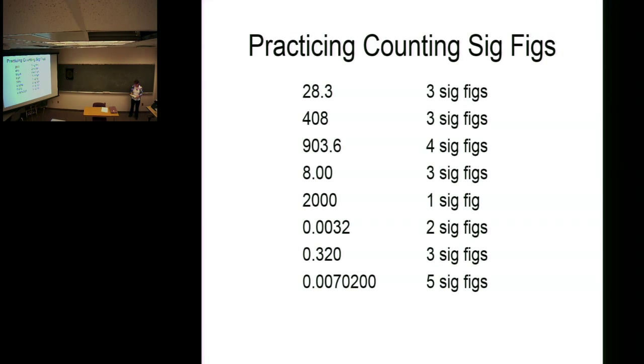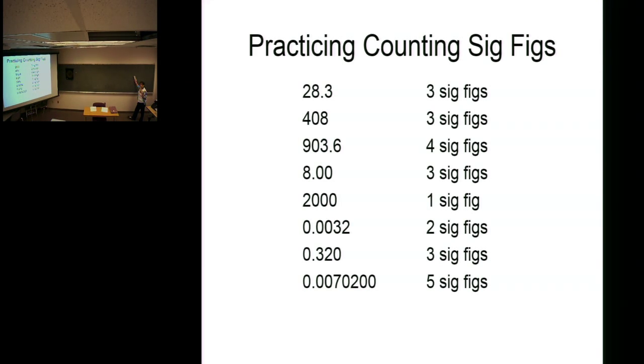All right, great. Well, we can count sig figs. Now how about doing calculations with them? Okay, calculation rules. All right, so let's talk about how to calculate with our sig figs. Now, what did we say? These rules apply to measured numbers, not exact numbers. What are we talking? Measured numbers, right?